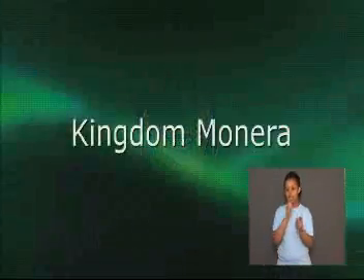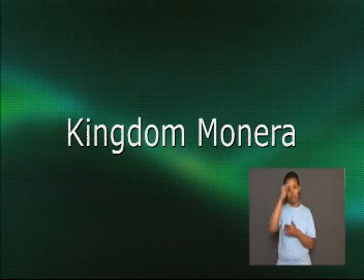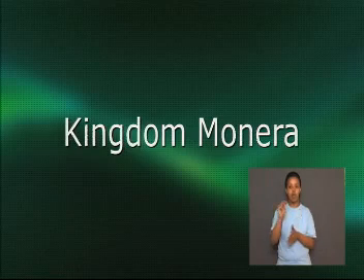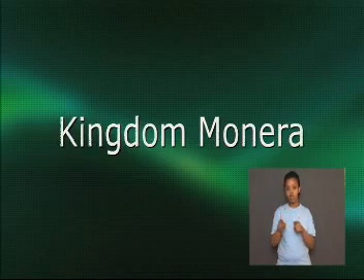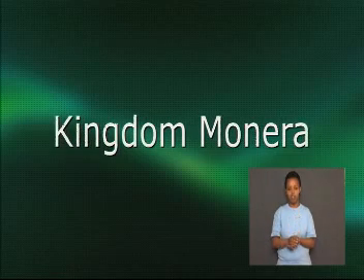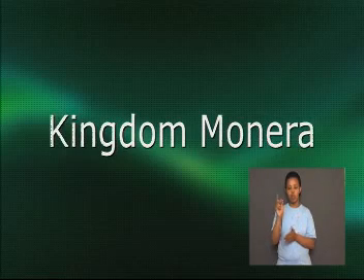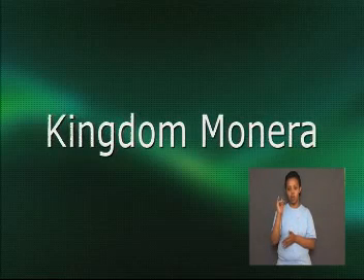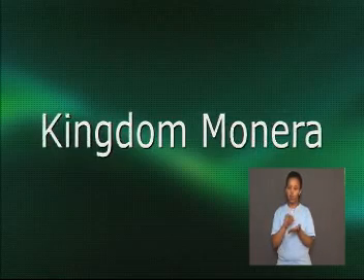All examples are correct. In this lesson, we have learned about the kingdom Monera. We have learned that it contains numerous organisms. The majority of those organisms are prokaryotic, which means they are single-celled organisms without a nucleus.